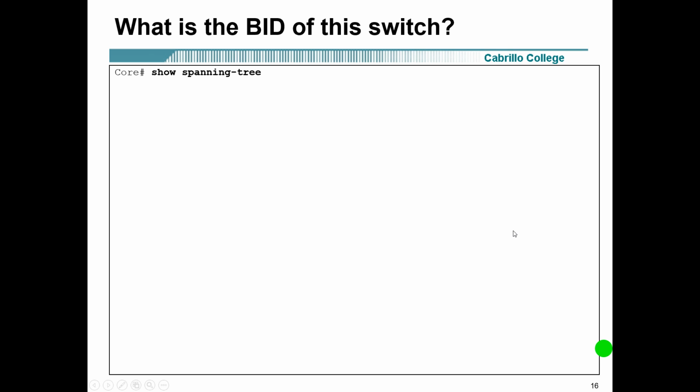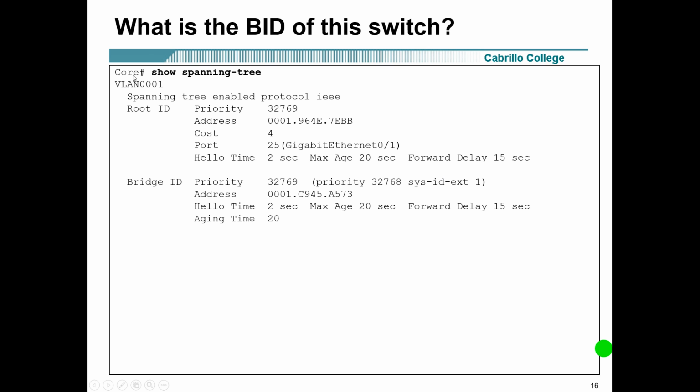So what is the bridge ID, or the BID, of our core switch? Again, VLAN 1, we're going to take that, we're going to add that to our priority. So our new priority, system ID 1 plus priority, will equal our bridge ID of 32,769.